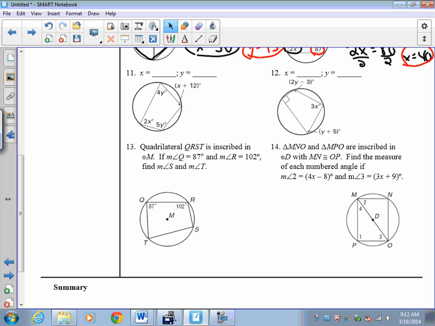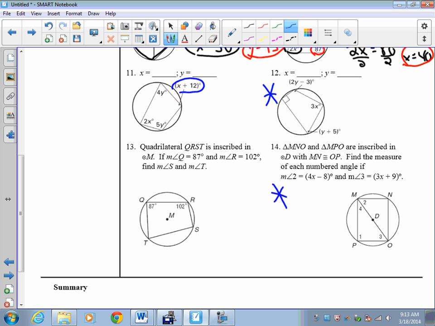So I'm going to have you do 12 and 14 on your own, and we'll do 11 and 12 together right now. So again, we have another inscribed polygon, inscribed quadrilateral. So we have x plus 12 plus 2x is equal to 180. Opposite angles are supplementary. 3x plus 12 equals 180.